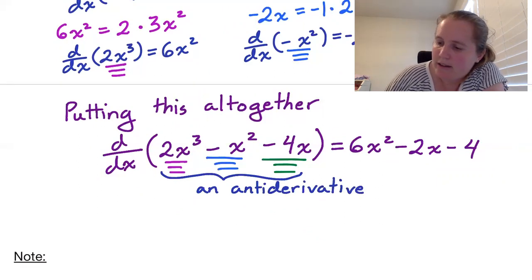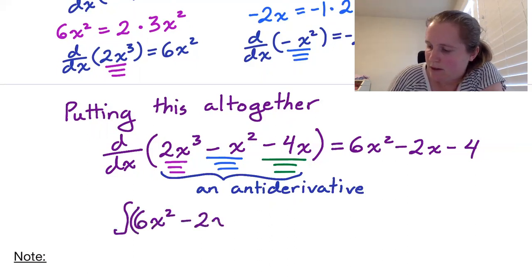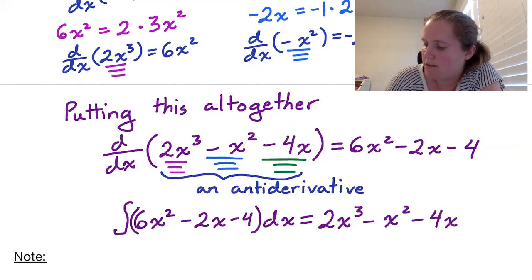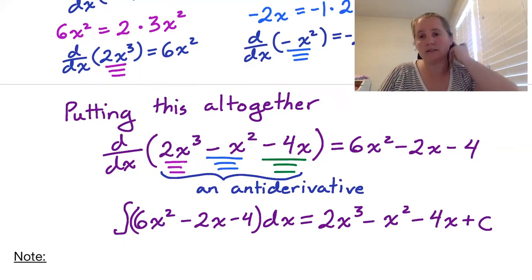And we get, therefore, that the indefinite integral of 6x squared minus 2x minus 4 times dx is equal to 2x cubed minus x squared minus 4x plus c. So note again that the indefinite integral gives us the antiderivatives.